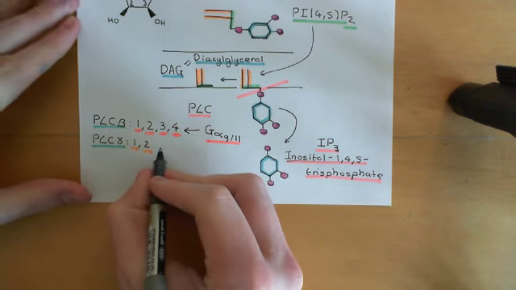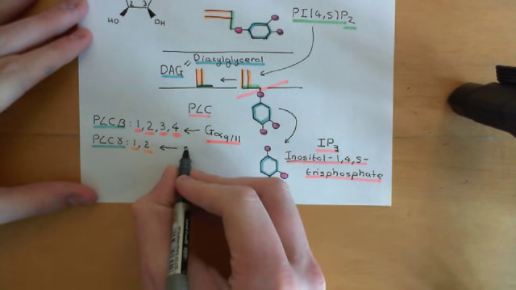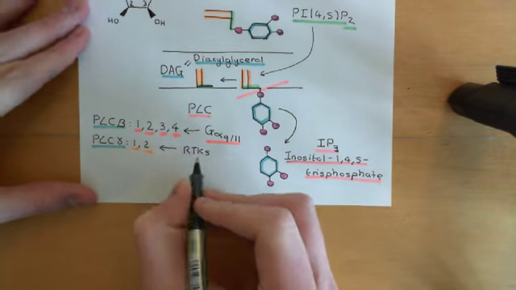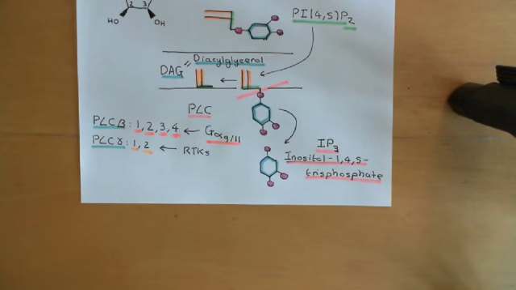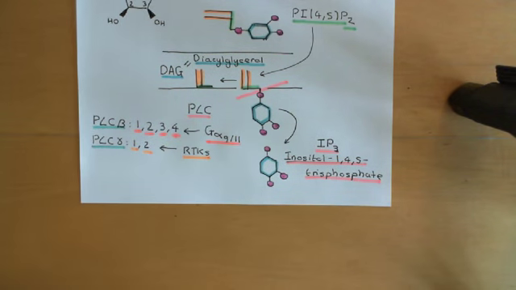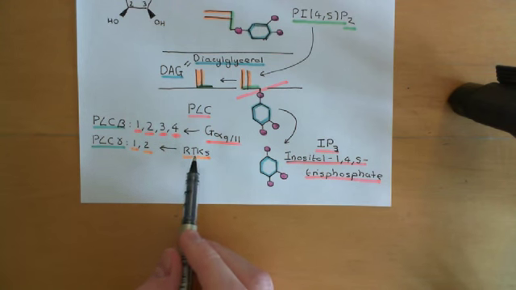Meanwhile, the phospholipase C gamma enzymes are activated by receptor tyrosine kinases, such as, for instance, the epidermal growth factor receptor, which is an archetypal example of a receptor tyrosine kinase, and I'll abbreviate receptor tyrosine kinase down to RTK here.